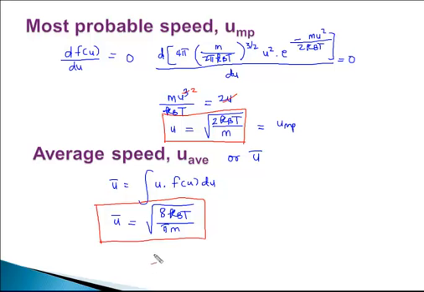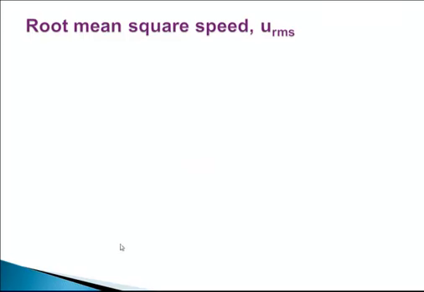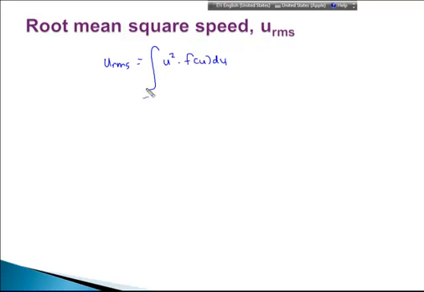Right. And lastly, we have the root mean square speed. For the root mean square speed, this is taken by integrating the product of u squared and the function f of u du.